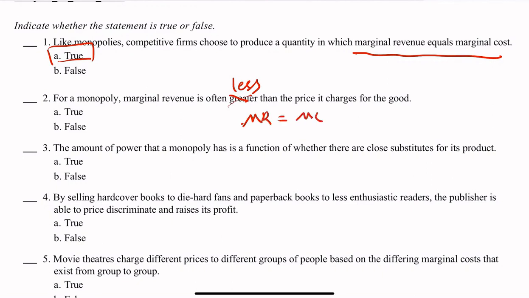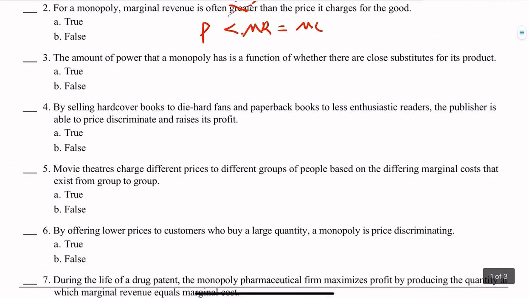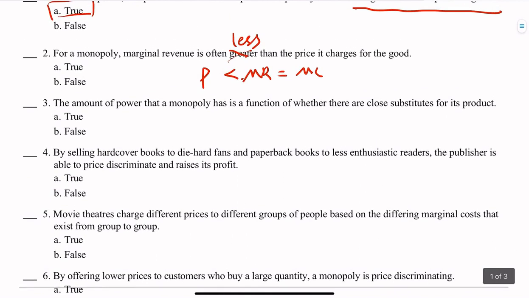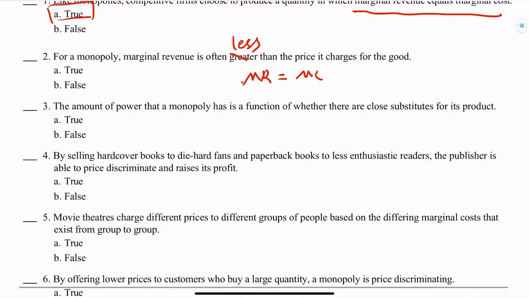But we know that marginal revenue is actually smaller than its price. So price is often larger than the marginal revenue, or you should say marginal revenue is often less than the price it charges for the good.